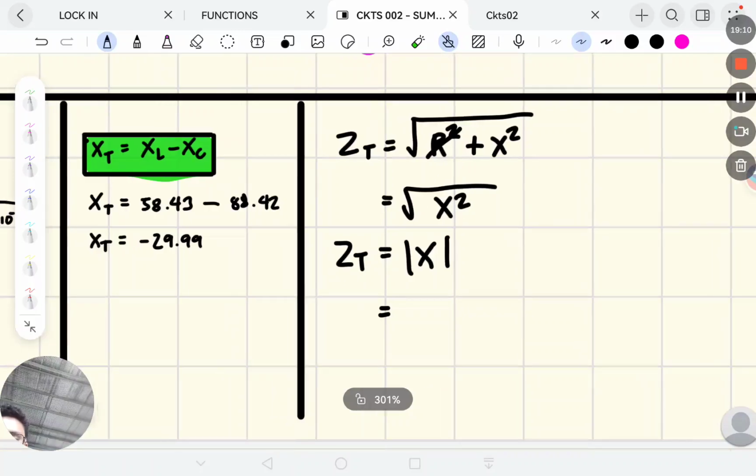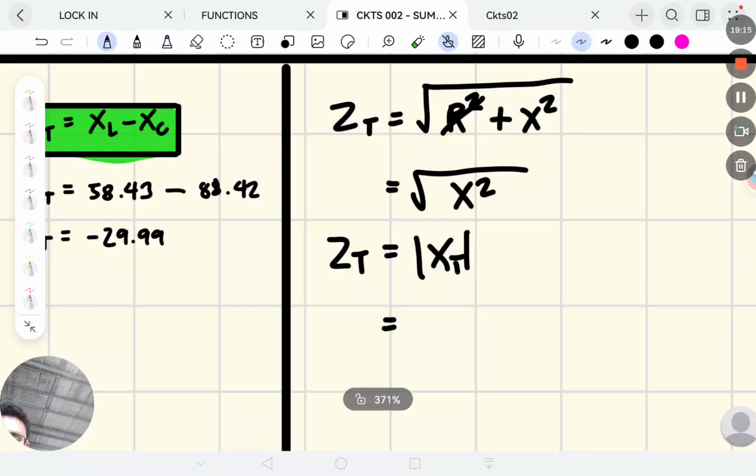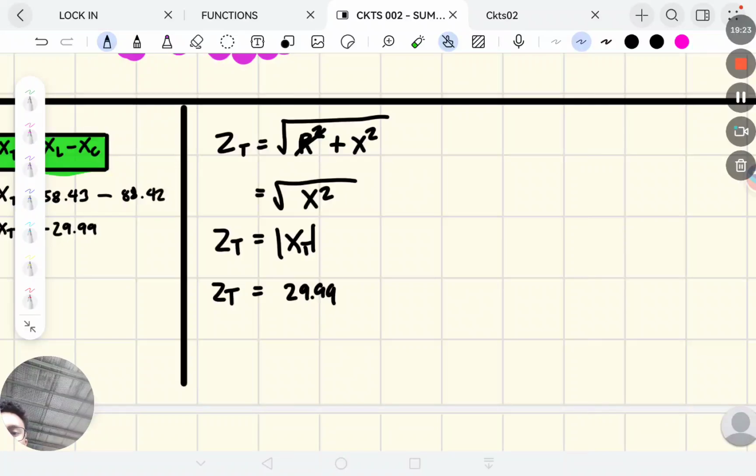So, what is total reactance? Sabi dito is absolute value. Pag absolute value, laging positive. So, ang total impedance natin is 29.99.